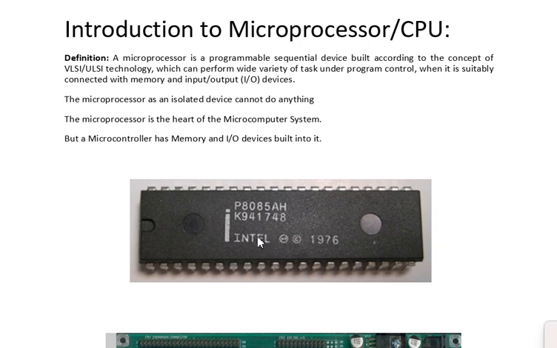So there is a place for instructions and a place for data. These are registers, and we will learn about these registers first. One of the functional components of the 8085 microprocessor, or any microprocessor or CPU, is that it should have some registers.